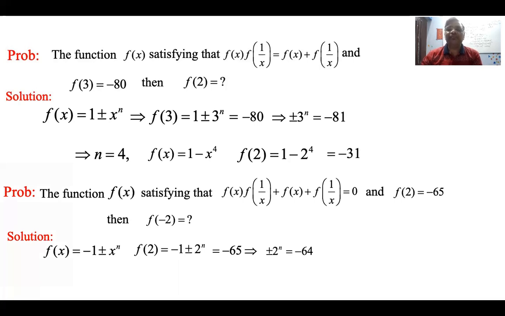It is possible when n is equal to 6 and the minus sign is taken. Therefore, f of x will be minus 1 minus x to the power 6. Now he is asking f of minus 2. F of minus 2 is again minus 1 minus of minus 2 whole to the power 6, that is again minus 65.